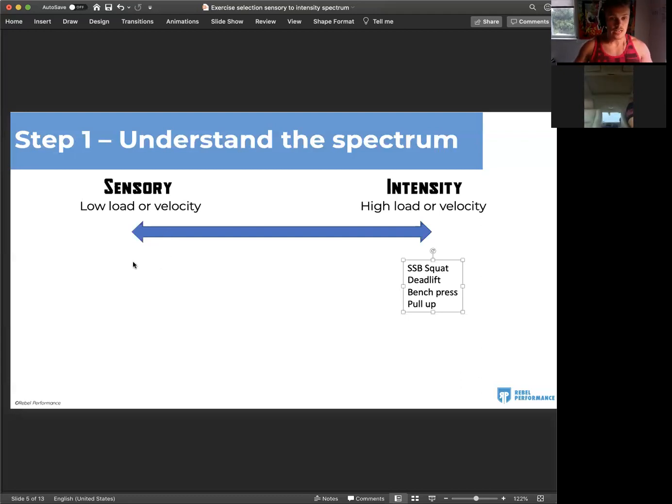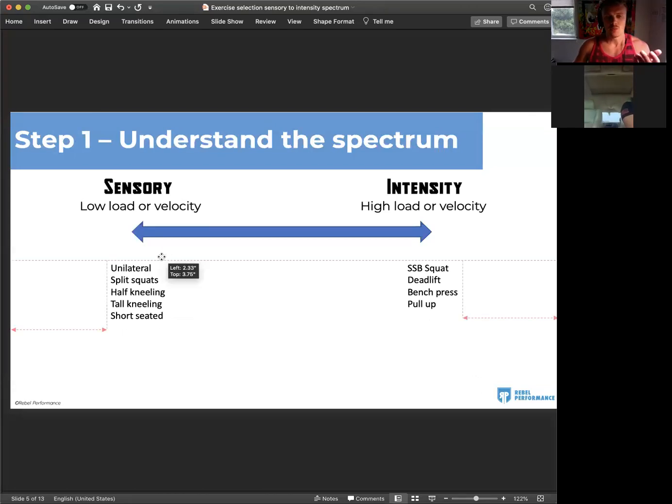On the sensory side is where I'm looking at things that are going to be really unilateral in nature, right? I'm thinking split squats, making things that are half kneeling, tall kneeling, short seated. So things that are more unilateral in nature or very position focused in nature.